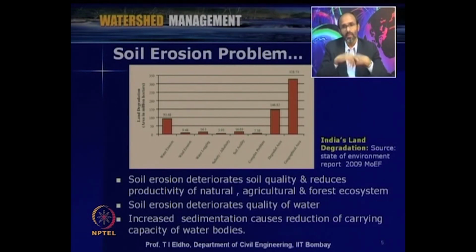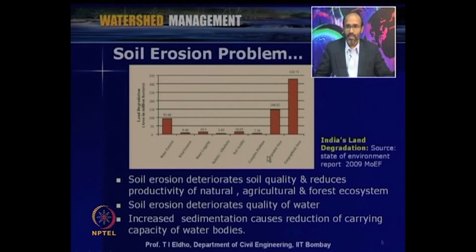As far as watershed management is concerned, soil erosion is a major problem. Soil erosion deteriorates the soil quality and reduces the productivity of natural, agricultural and forest ecosystems. These are the major concerns, and soil erosion deteriorates the quality of water also.